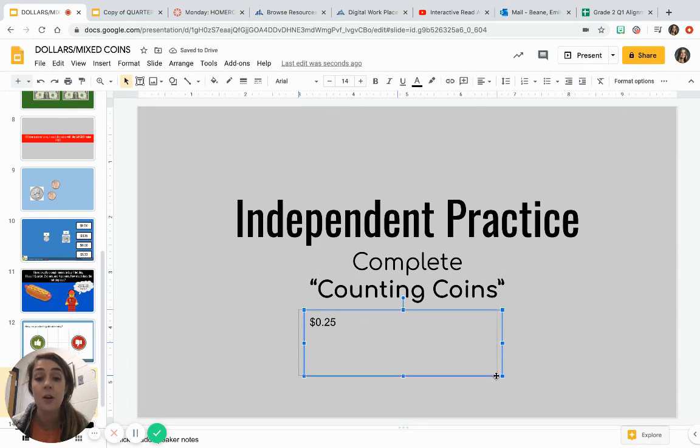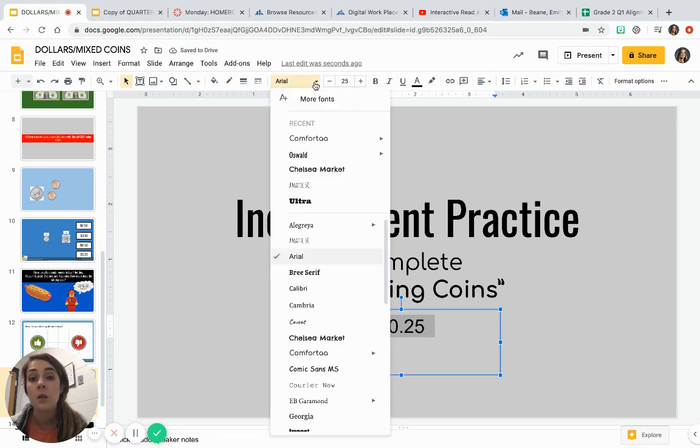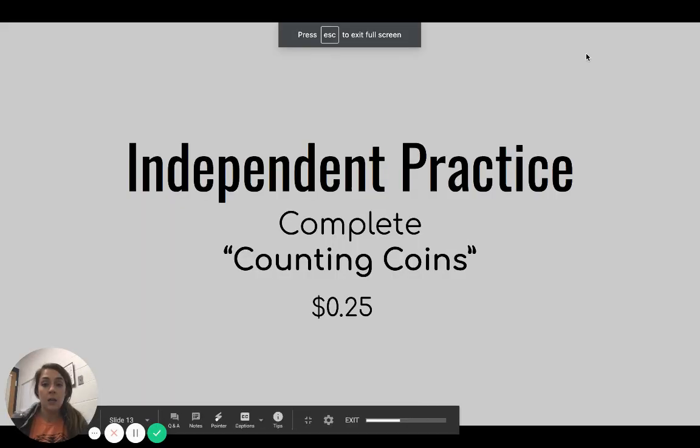That's how I want you to write all your answers. Okay, not 25 with the cent symbol. You will see money that looks like this way more than you will see it the other way. All right, back to present. So there we go. You're going to write your answers like this.